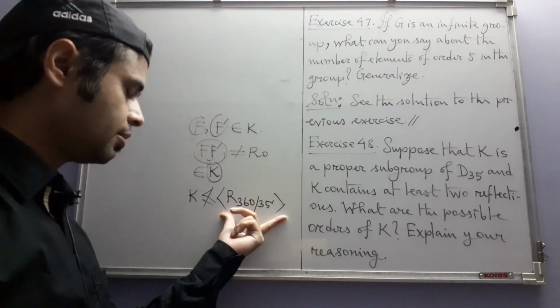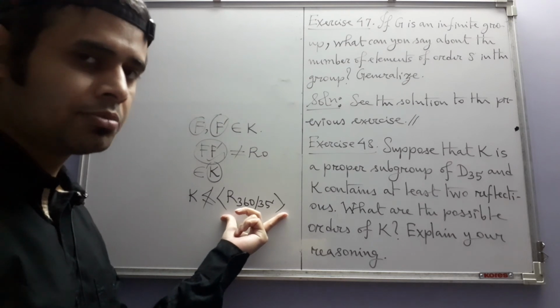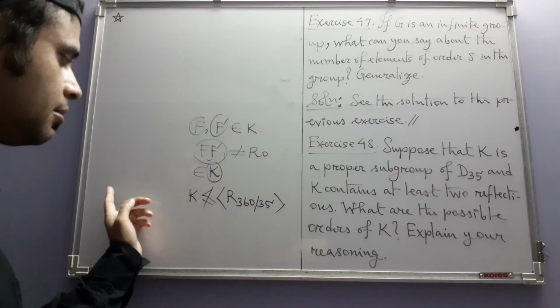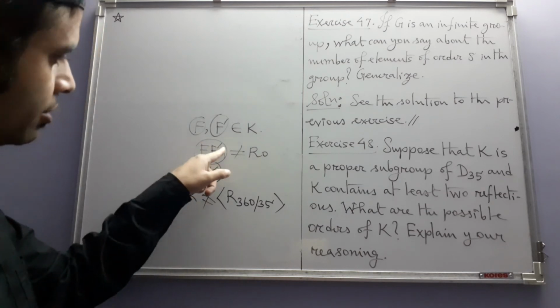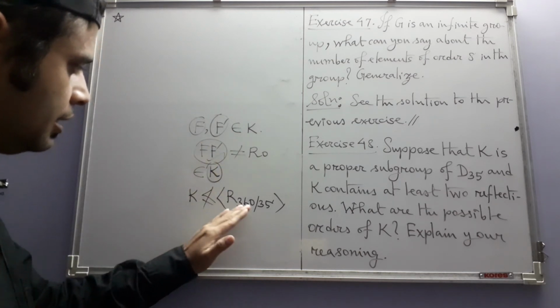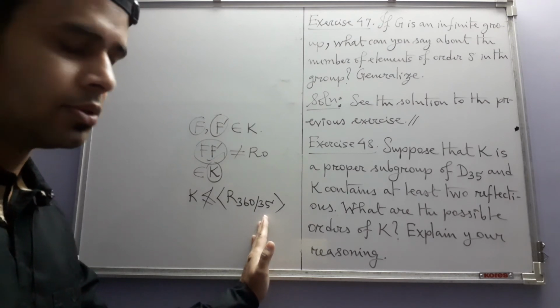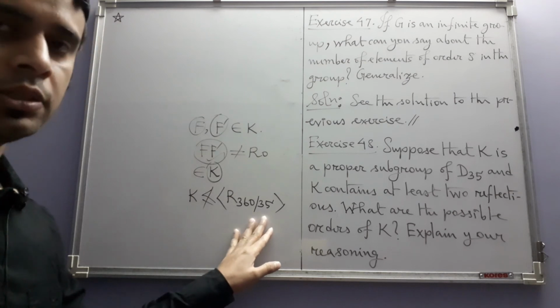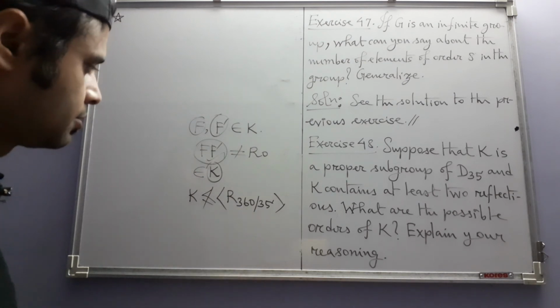Because this is a cyclic subgroup, you already know, it has all the rotations. So K has reflections means K also has rotations, so K intersects this cyclic subgroup, and at the same time K has these reflections outside of this subgroup of rotations.